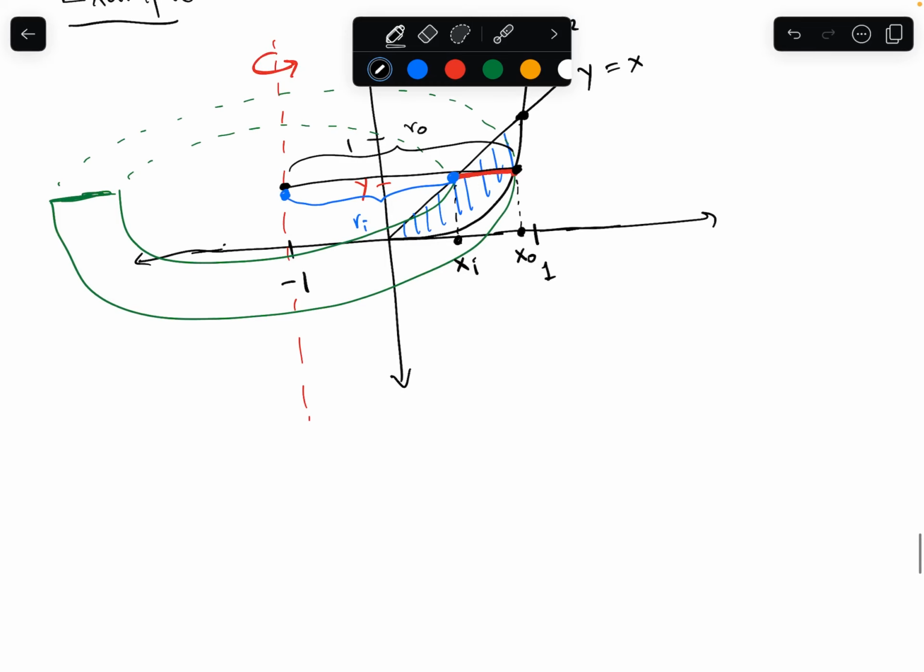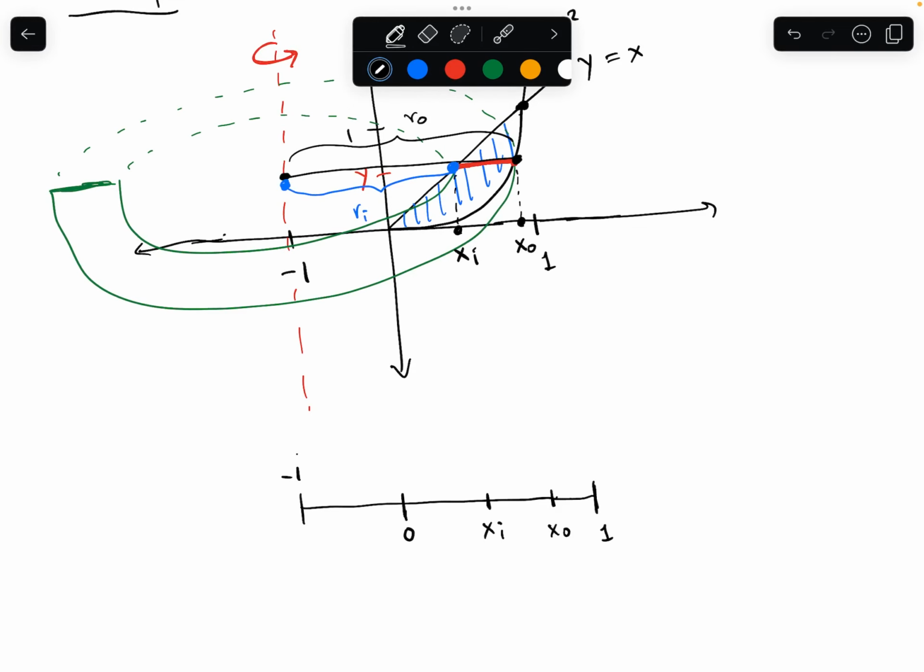Okay, so now let me just declutter this picture a little bit. So here's the origin, that's x equals 0, here's -1, here's 1, here's the point x0, here's the point xi.